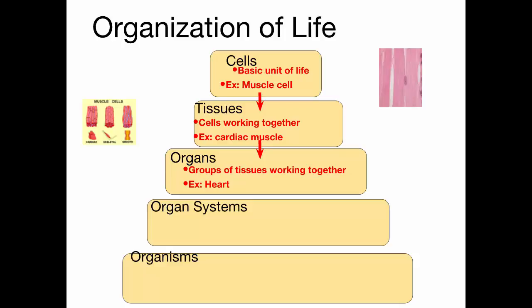Your heart is made of muscle tissue, but also nervous tissue, blood. And so a bunch of tissues working together form organs. We can name lots of organs: liver, brain, lungs. All of those things are made of many types of tissue working together to accomplish some function.